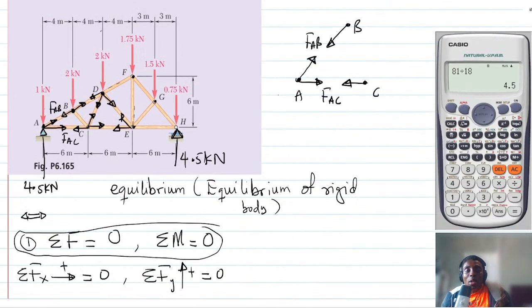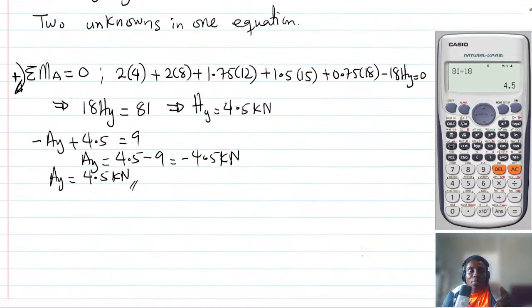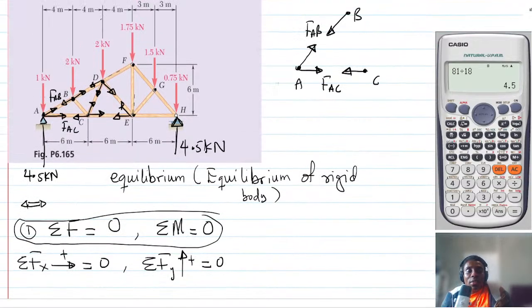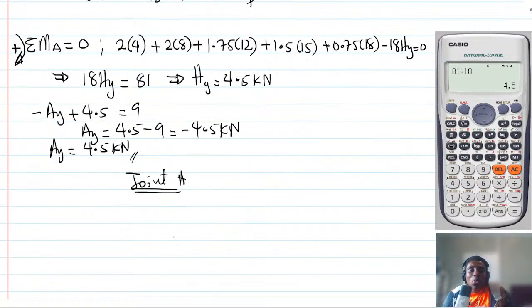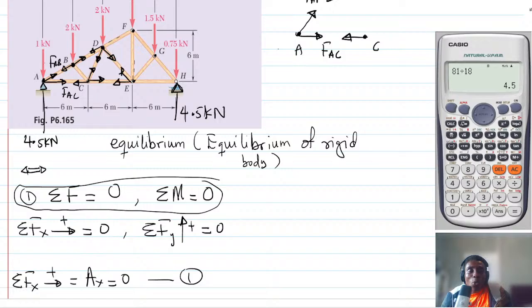Okay, so let's start from joint A. Now, if you look at joint A, what is happening? At joint A, you can see that there is a force FAC, and there is a force coming here, which is 1 kilonewton.